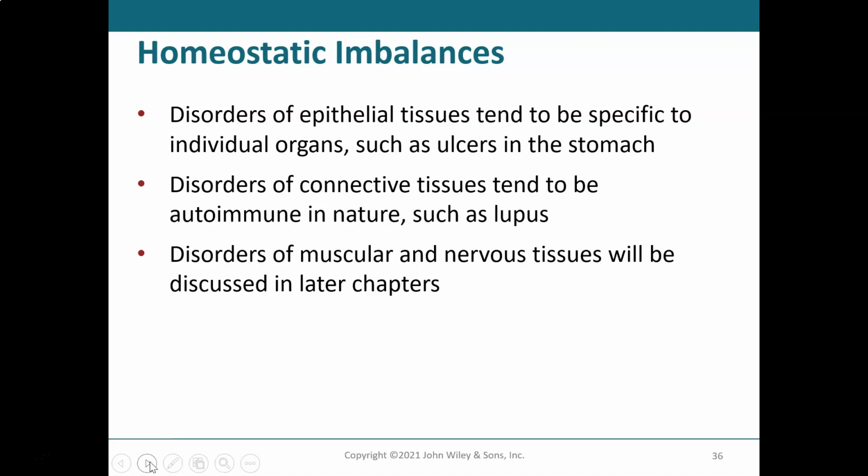So essentially the body starts to attack itself. A good example of that would be lupus, also known as systemic lupus erythematosus. It's a chronic inflammatory disease affecting the connective tissue, and it's quite likely you might see some folks with lupus in your practice. And of course, there are other disorders you might see involving the muscular and nervous tissues, and we'll look at those as we progress through the program.